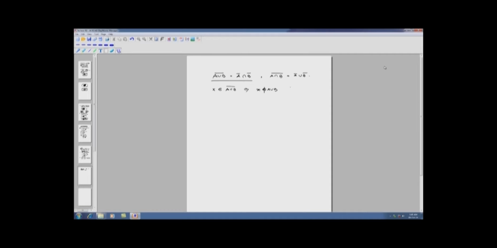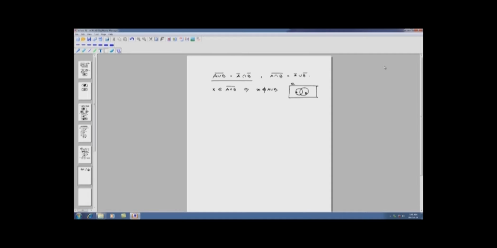Now, let us draw a small Venn diagram over here and see what happens. So, here we have, of course, the universal set U. Here we have A and B, and here somebody tells me that x is in (A union B) complement.